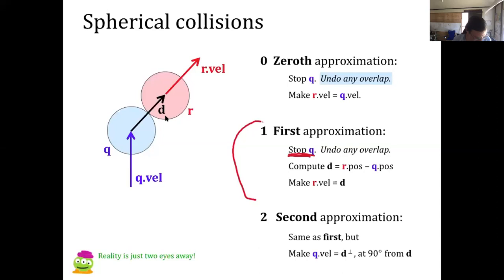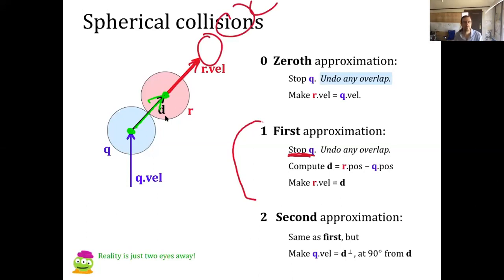You take the center of the red ball and the center of the blue ball, you subtract those two centers to get this green direction arrow, and you use that direction arrow as the velocity for the red ball. And now you let the red ball go at that velocity and it runs off the screen diagonally. It's a little bit more realistic.